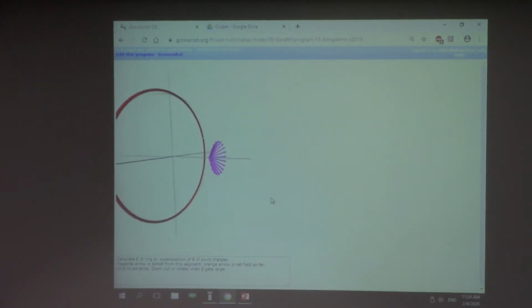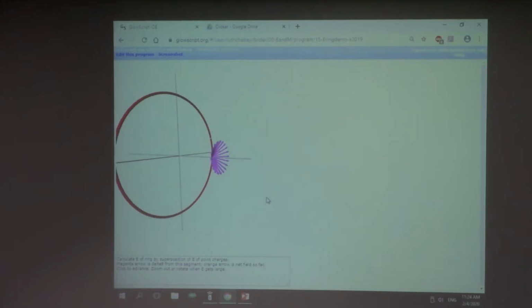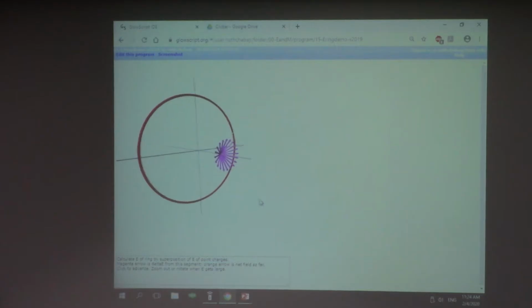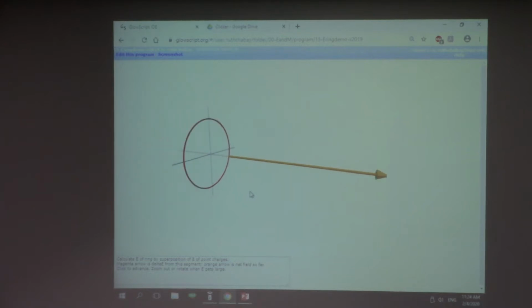So that's all the little delta E's that we have to add up to get E net here. What's going to happen to the x and y components? They're going to cancel, aren't they? So we're just going to get a kind of a large field in the z direction.